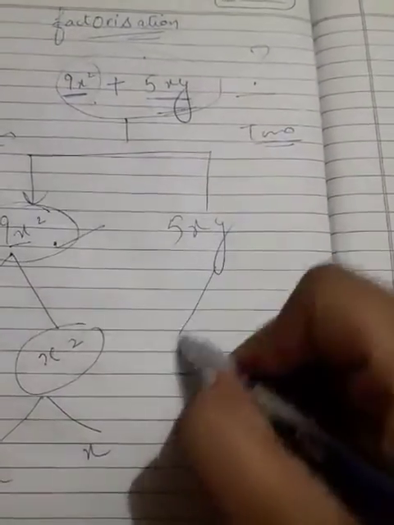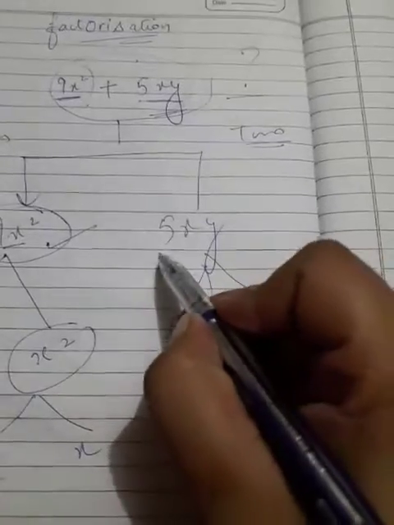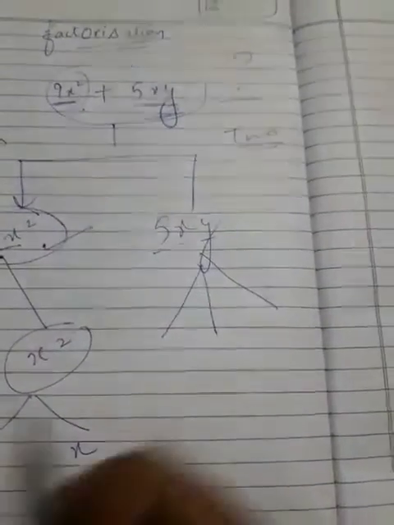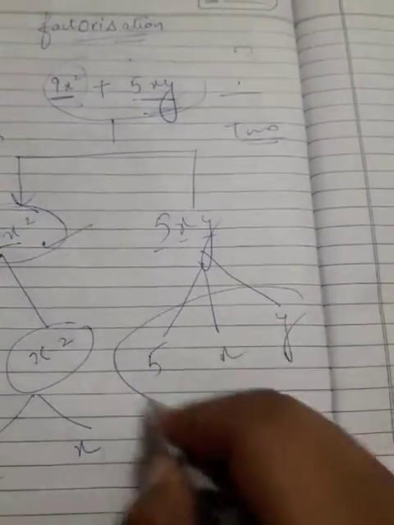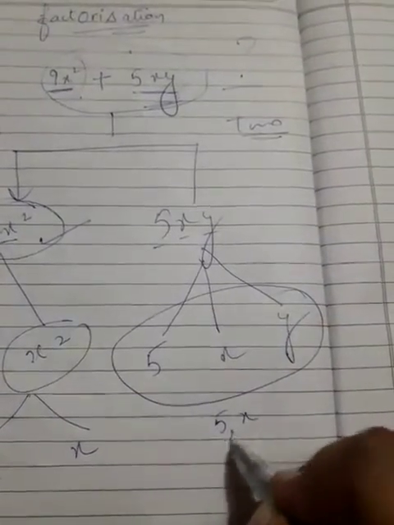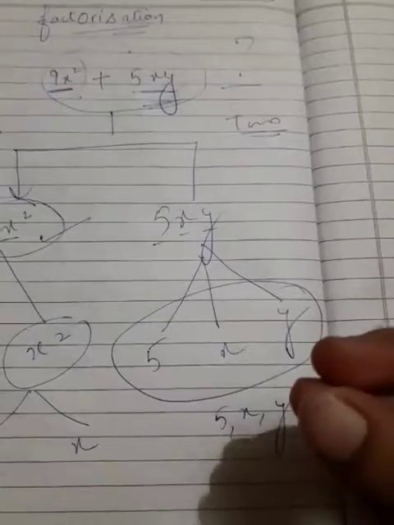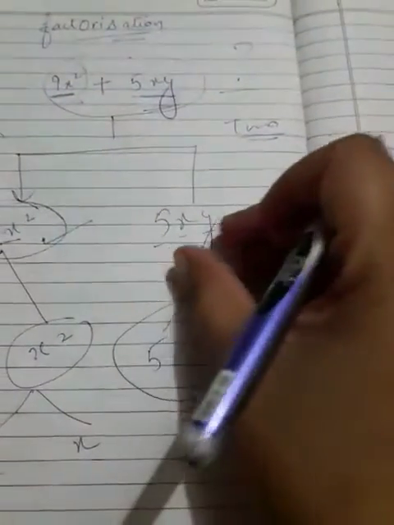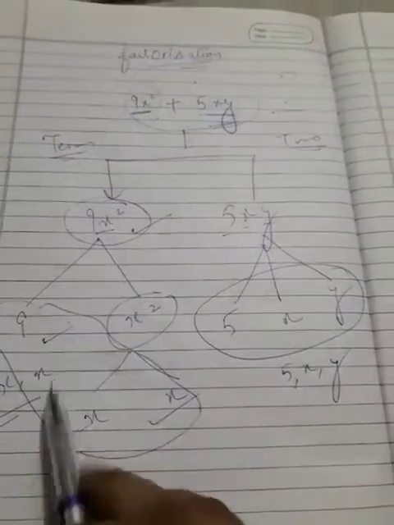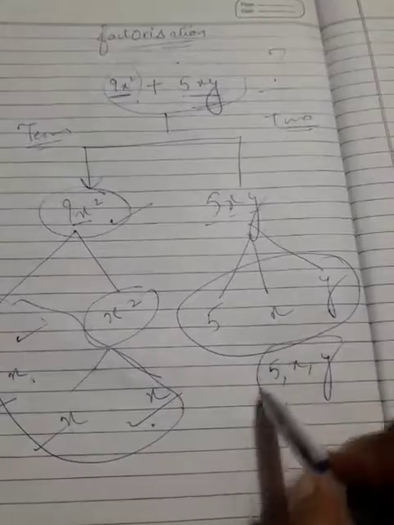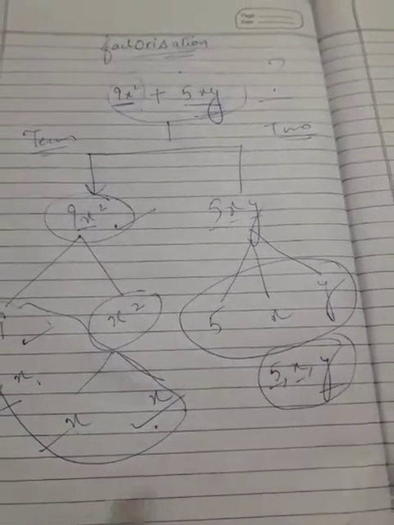In the second term, what are the factors? Here 1, 2, 3, three subterms are here: one is 5, one is x and one is y. Subterms means subparts. We can say 5, x and y. There are three factors 9, x, x and also three factors 5, x, y.